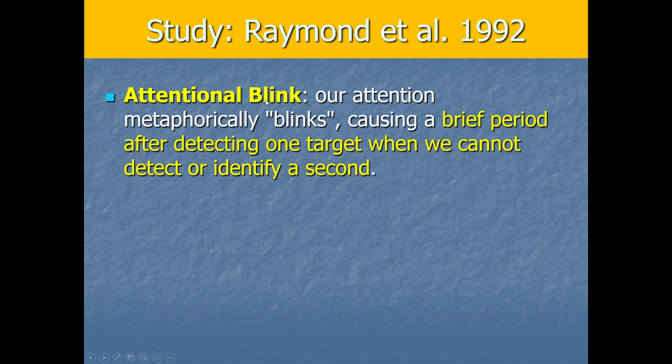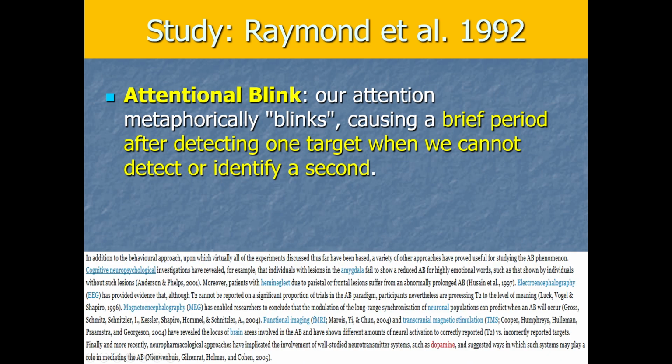And just to connect this attentional blink study to something like cognitive neuroscience, I want to quote this paragraph from a more recent study that applied a neuroscience angle to attentional blink. So they say, in addition to the behavioral approach, so that's what Raymond and colleagues did with attentional blink, a purely behavioral approach, a variety of other approaches have proved useful for studying the attentional blink phenomenon.